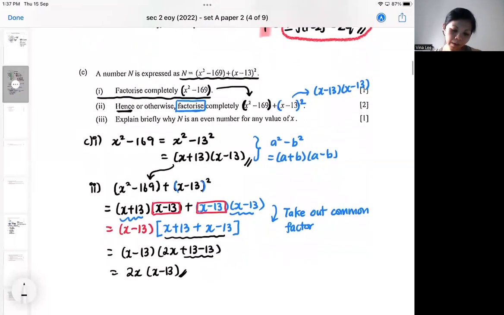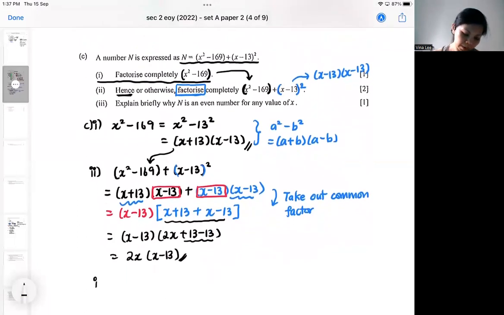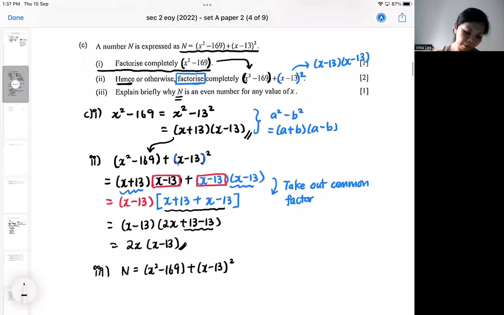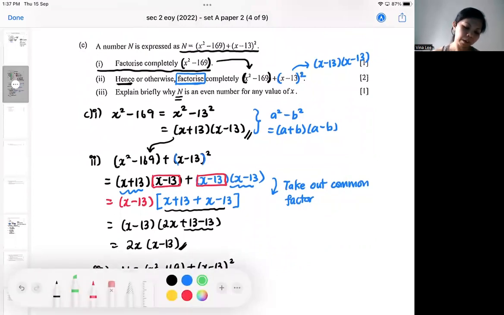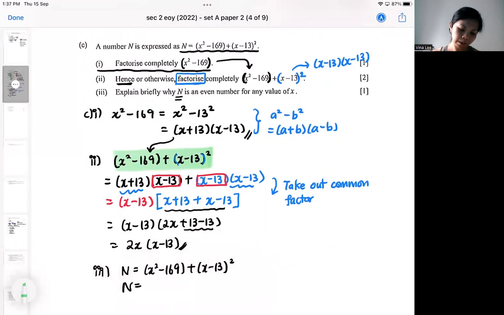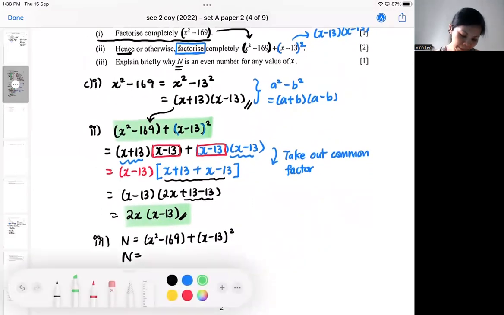At the end of it, we need to explain why n is an even number. What is n? N originally started off with this, which you have successfully factorized. Do you realize that in part 2, you are factorizing n?